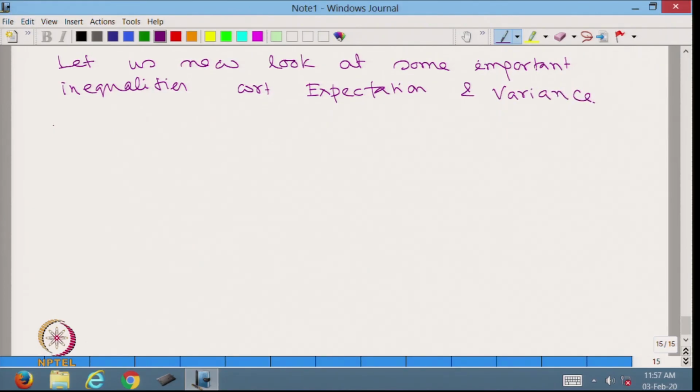The most important is called Chebyshev's inequality.